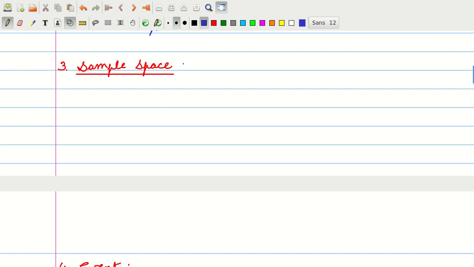The next very important term is the sample space. Sample space is denoted by capital omega or capital S. It is the set of all possible outcomes of a random experiment.